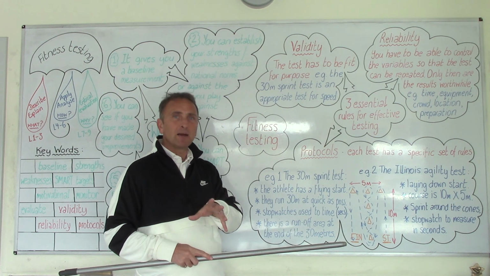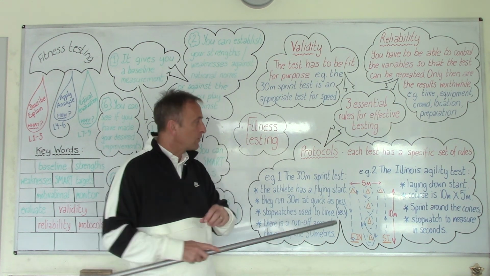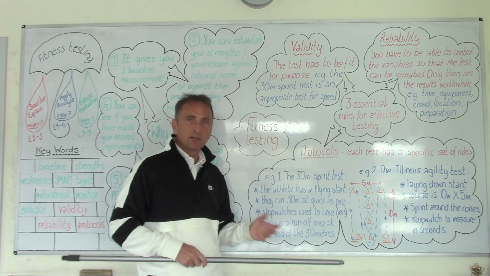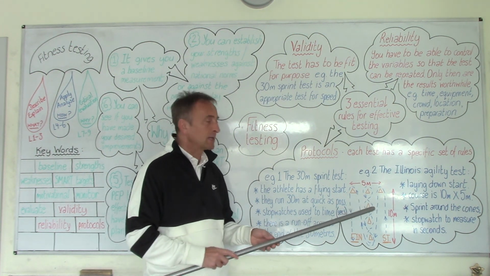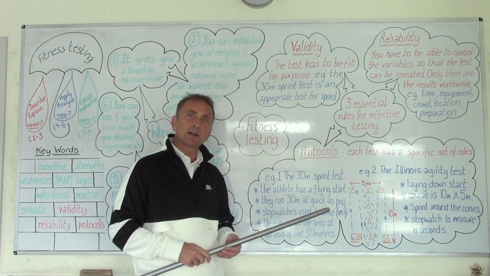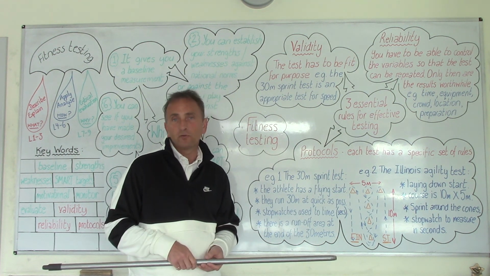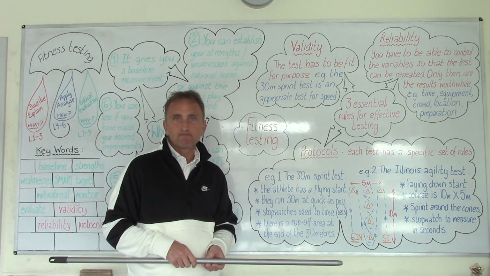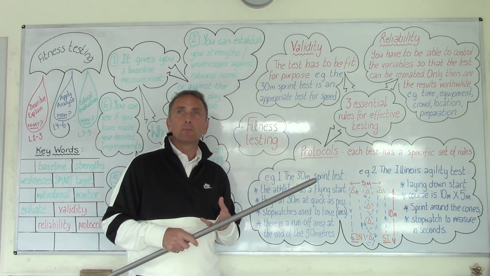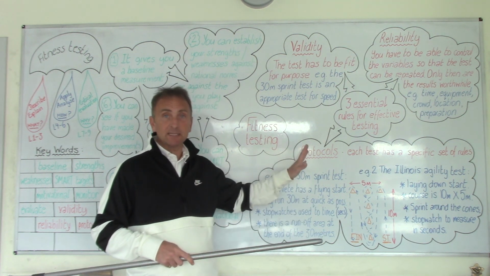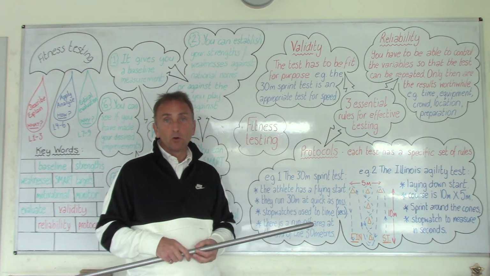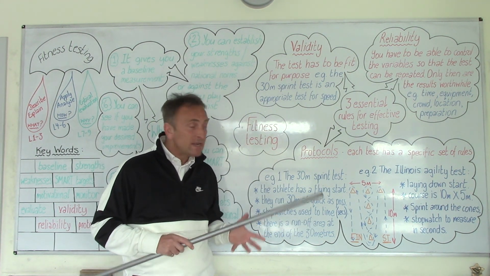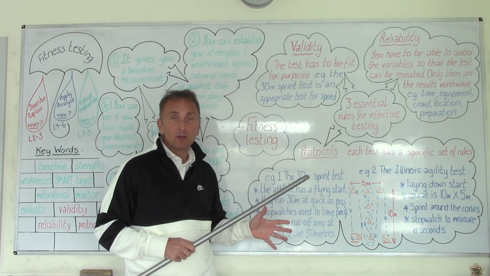And in my exam, on the side of the paper, I would always draw the Illinois agility course. Even if you've not explained it brilliantly, the examiner can see from your diagram that you know the protocols for that test. Okay, now we will do all of these tests in lessons, so you will become accustomed to all of the protocols. They are easy ways to gain your marks.